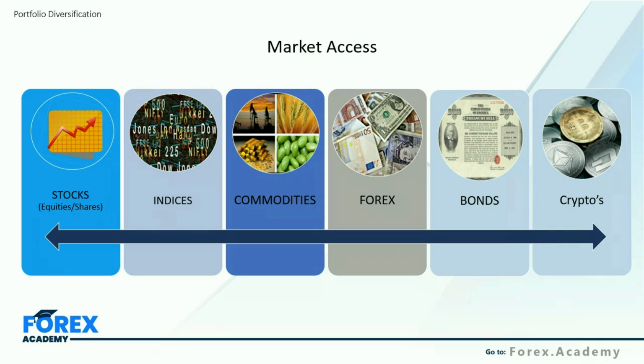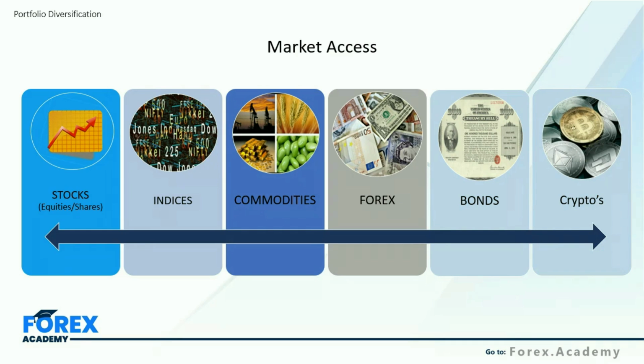So in addition to stocks and indices, we can also trade commodities. So this is anything that can be mined or harvested or extracted from this beautiful planet of ours. So we're talking about oil extraction and gold, and obviously the crops and anything that can be farmed effectively as well.